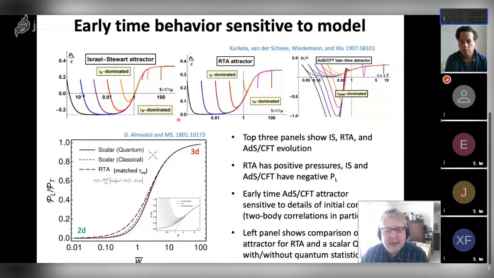And what they wanted to show in this sequence of plots is that you can construct this attractor by varying not just the eta over s, you can also vary the initial time. So in each of these curves, what they did was keep eta over s fixed and just vary the initial time. And as you can see, as we go to earlier and earlier times, we collapse to this attractor.